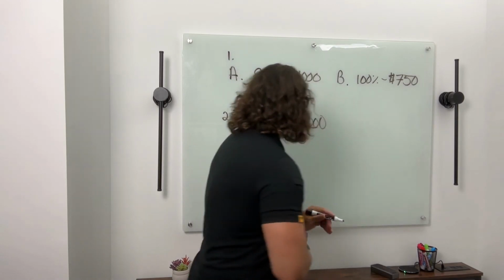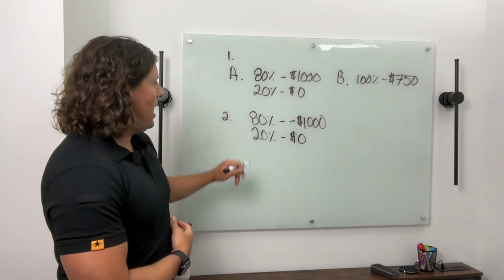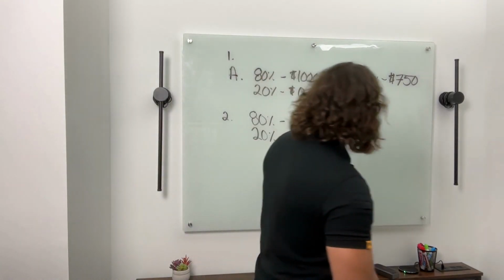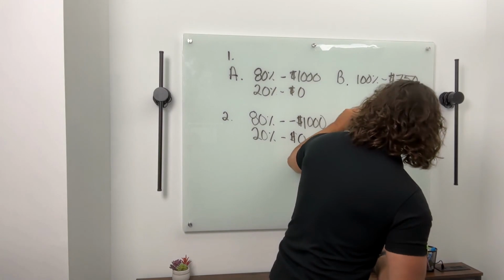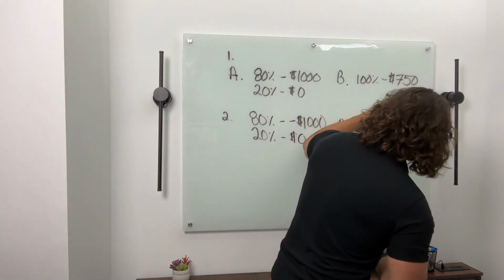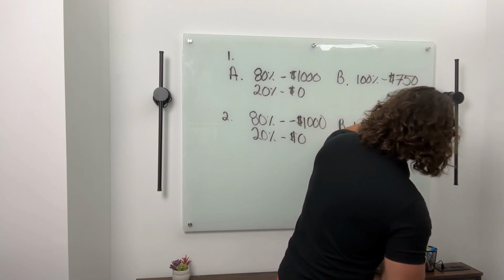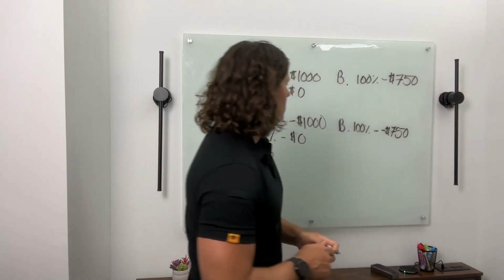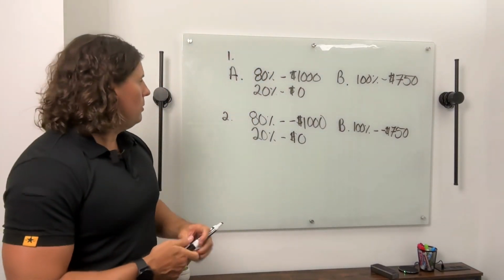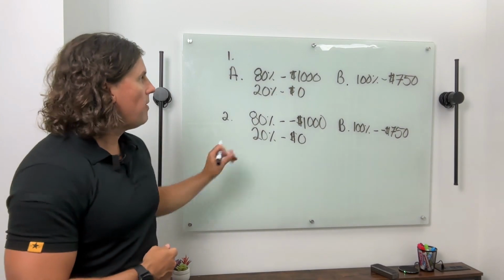That's 0. So we could take that, or we could take a guaranteed loss of $750. So now we make our decision here.